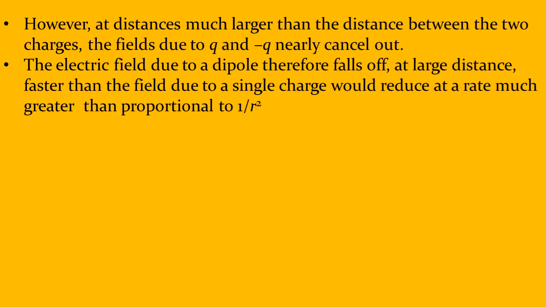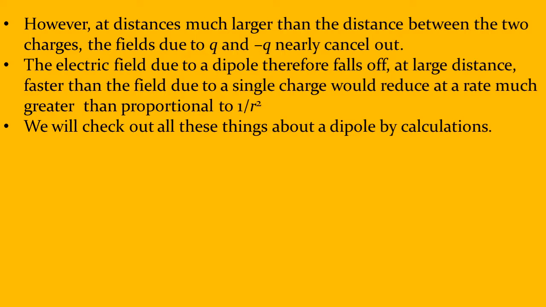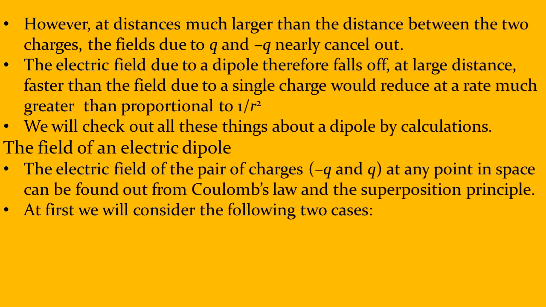We had studied earlier that the electrical field due to a single charge is proportional to 1 by r square. Now we will check out how the electrical field due to a dipole falls off at larger distances. The electrical field of any pair of charges at any point in space can be found out by Coulomb's law and the superimposition principle.